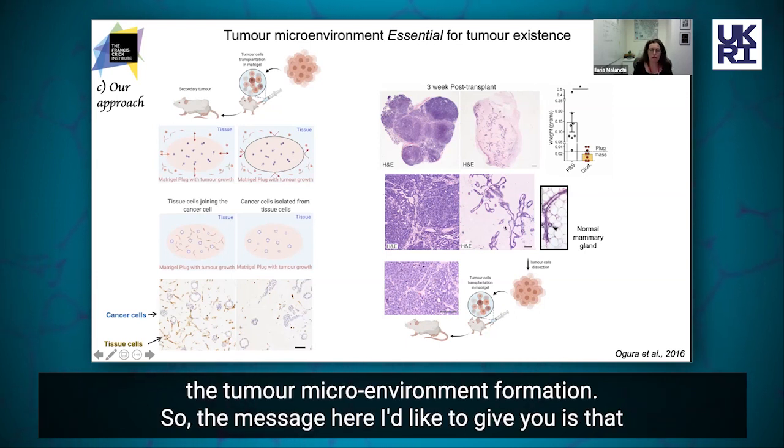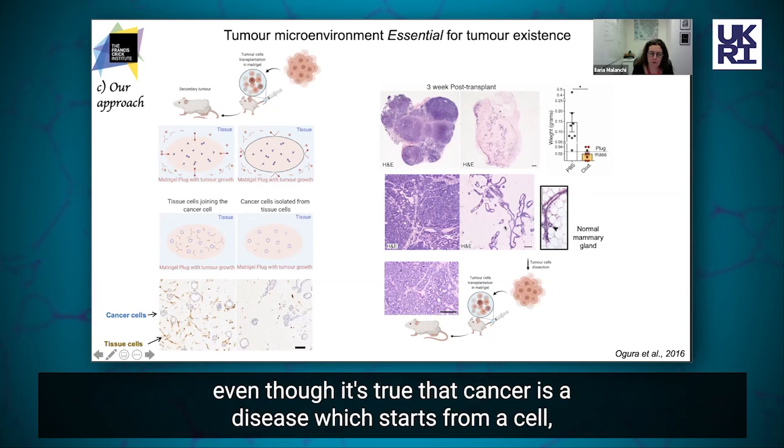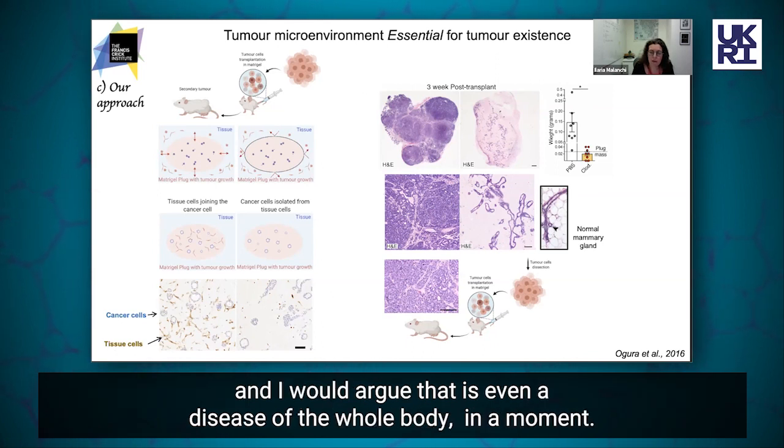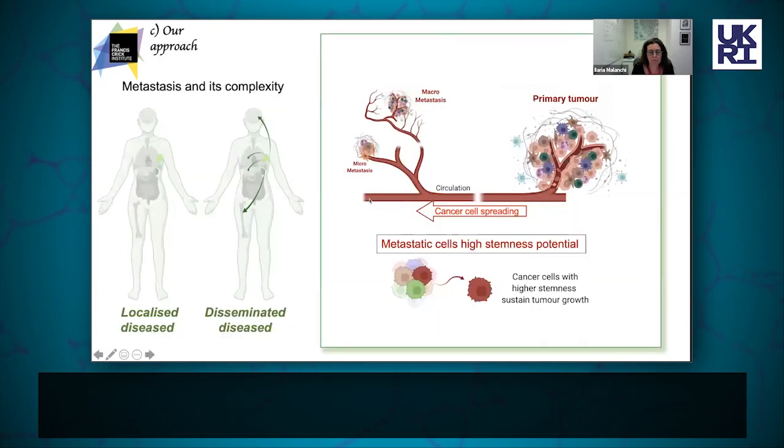So the message I would like to give you is that even though it's true that cancer is a disease which starts from a cell, the tumor structure is something that is allowed by the tissue. So it's a disease of the tissue. And I would argue it is even a disease of the whole body, in a moment.